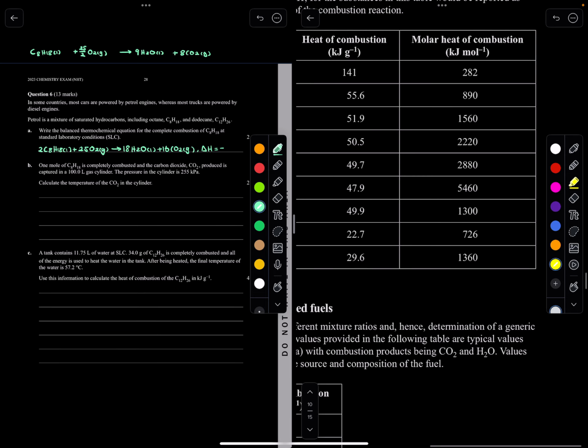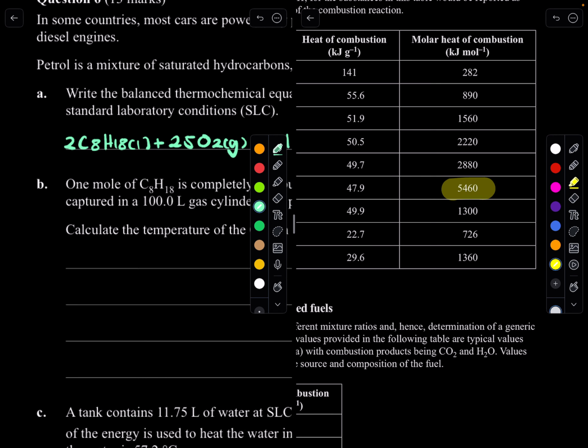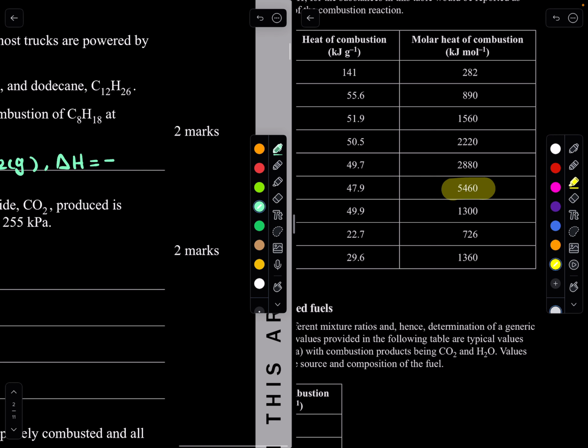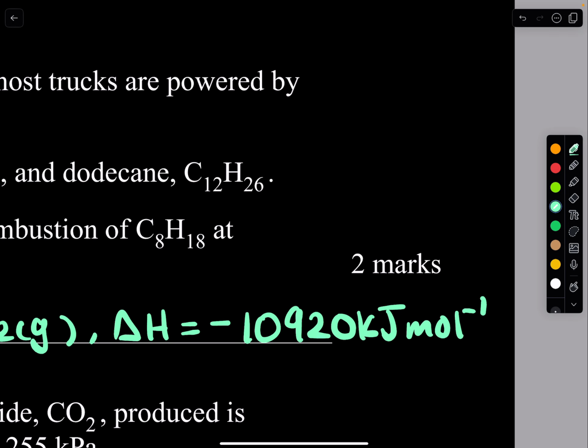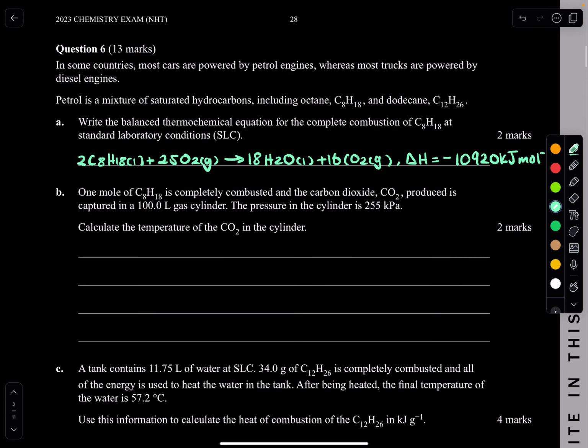Every mole produces 5,460, but we have 2 moles in this equation, so we just double it. 5,460 times 2 is 10,920 kilojoules per mole. Done. That is a nice, easy question. Let's do the next part.